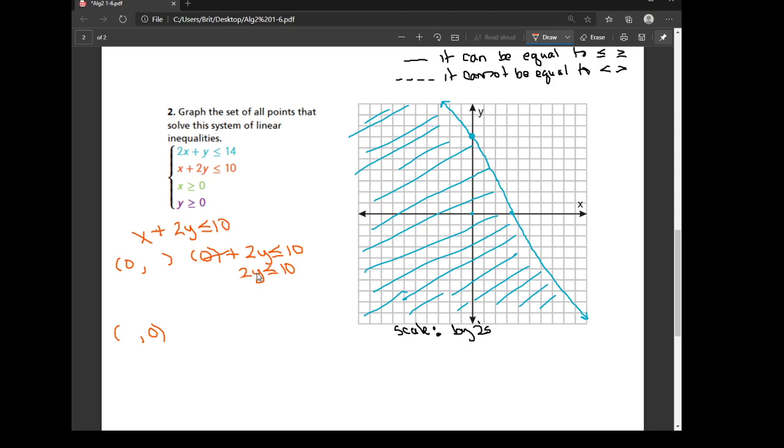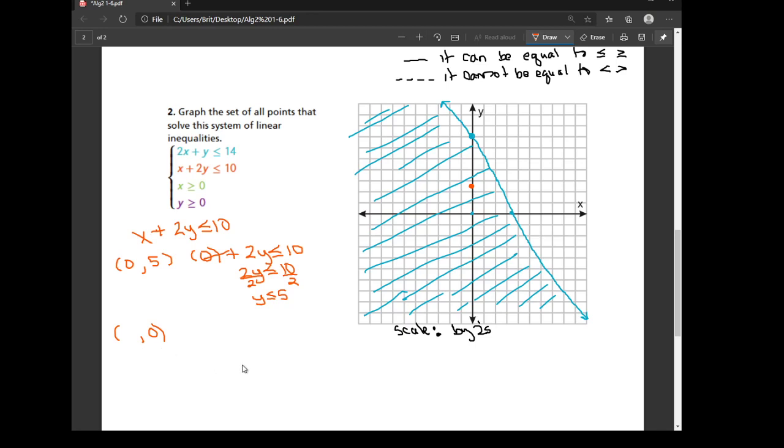This is 2 times y, so I'm going to divide by 2. I get y is less than or equal to 10 divided by 2, which is 5. So my first intercept on the y-axis is at 0, 5. So 2, 4, 5. That's right here.